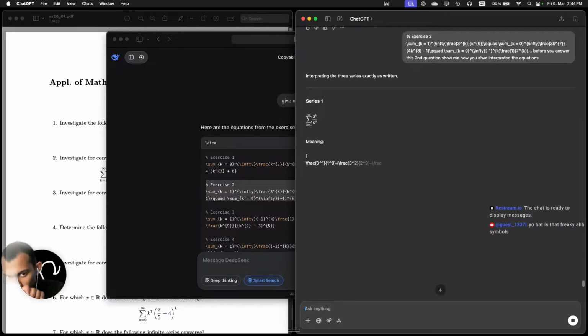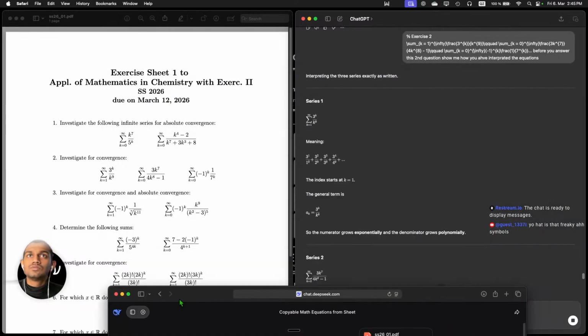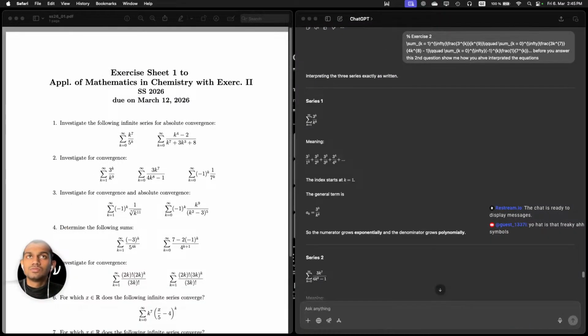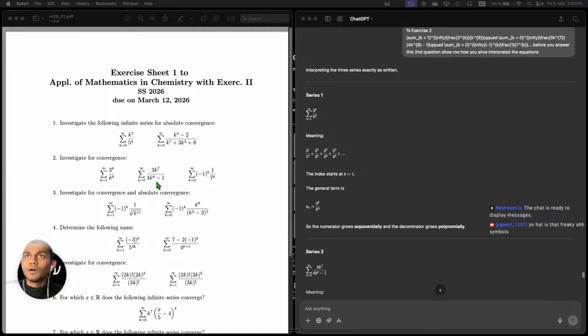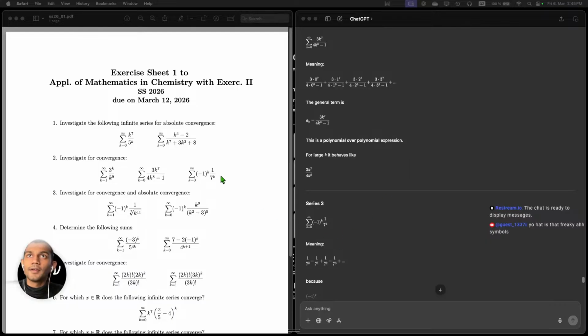Hey Siri, set a timer for 15 minutes. So 3k plus 4. Oh, that's correct. Okay, this one, I feel like this one might not converge absolutely because there's a minus 1.